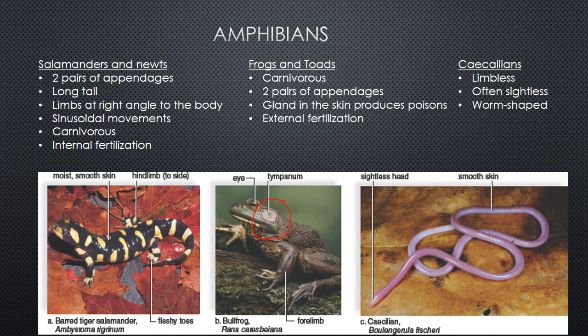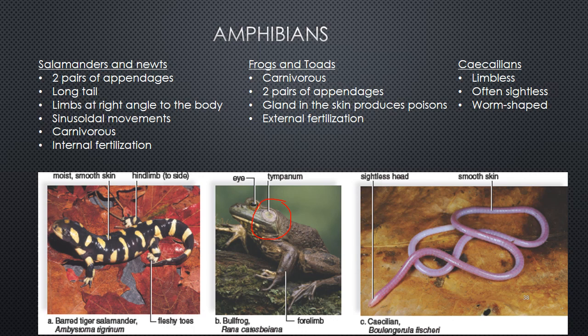It can sense vibrations, and we'll use that in lab to determine if our frog is a male or female, because depending on the size of that tympanum, it can tell you if it's a male or female. Frogs and toads undergo external fertilization, like we just talked about a minute ago. It requires an aquatic environment, but with frogs and toads, that's external.